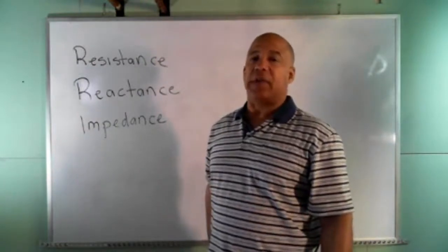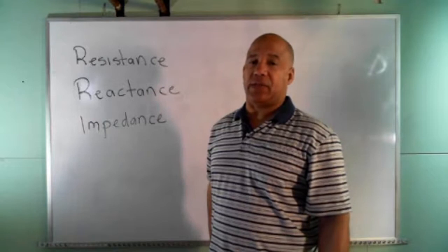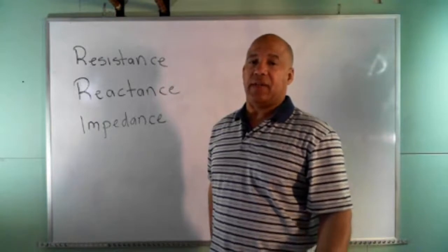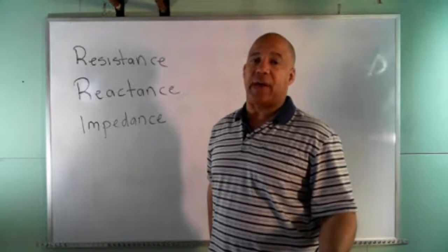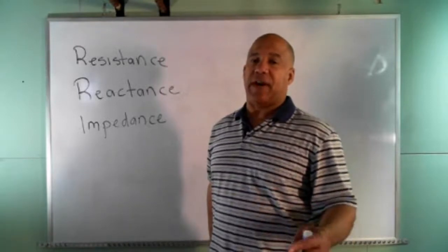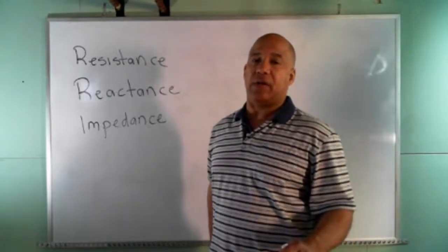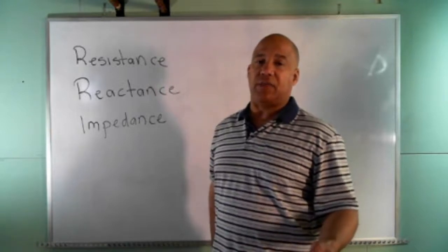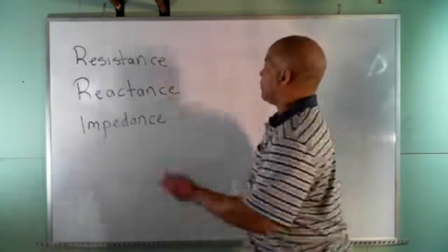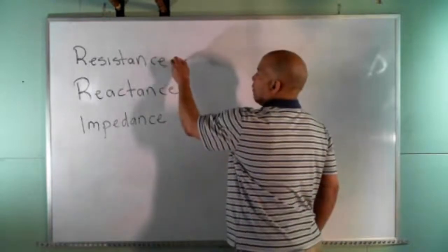We also mentioned that there were 2 types of reactance. There's the opposition you get from capacitors, that's called capacitive reactance. And then there's this device we'll talk about called an inductor. There's the opposition you get from an inductive reactance. And we talked about the symbols. We use R for resistance.